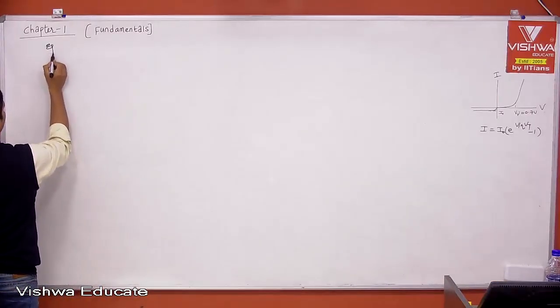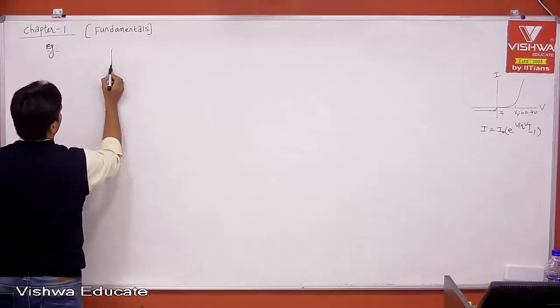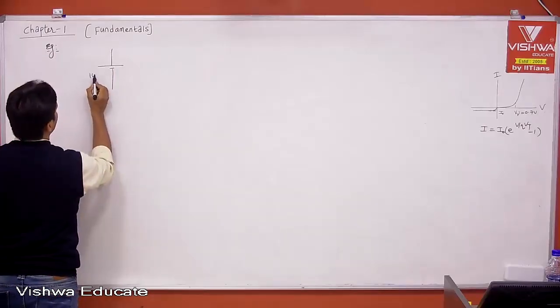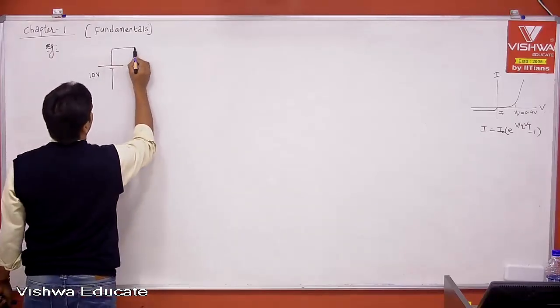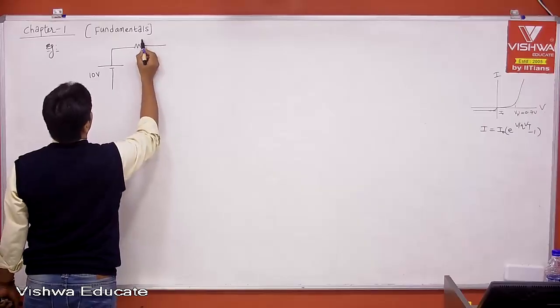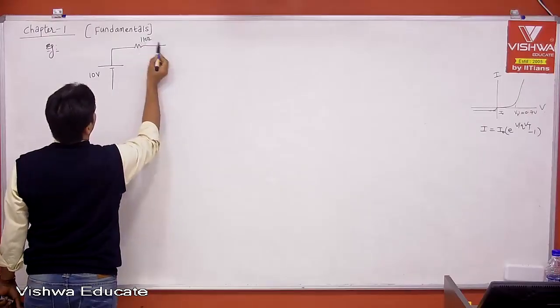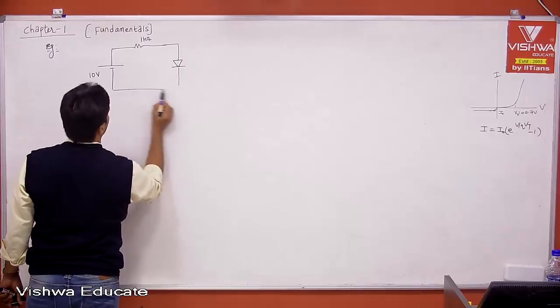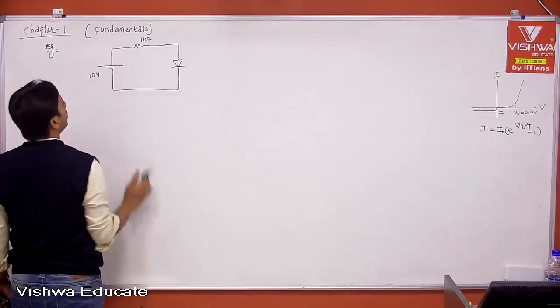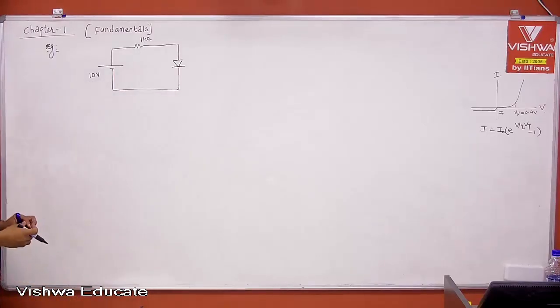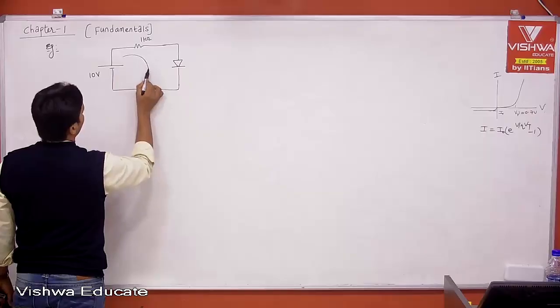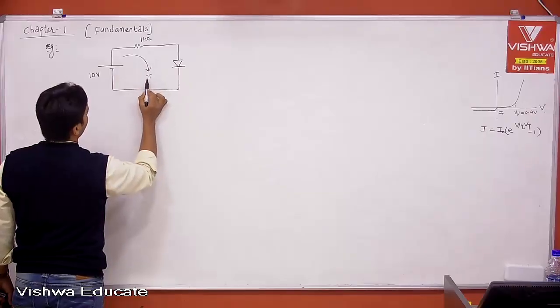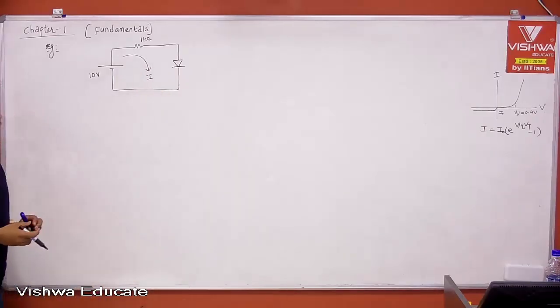Now, the example circuit is, let us say, a 10 volt battery, a 1 kilo ohm resistor, and the PN junction diode. Let us say this is the problem. Our ultimate aim is to calculate the current I through the circuit.